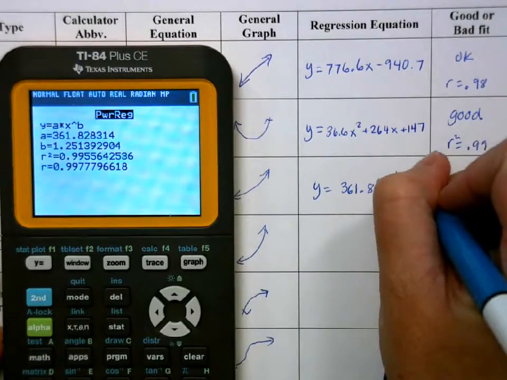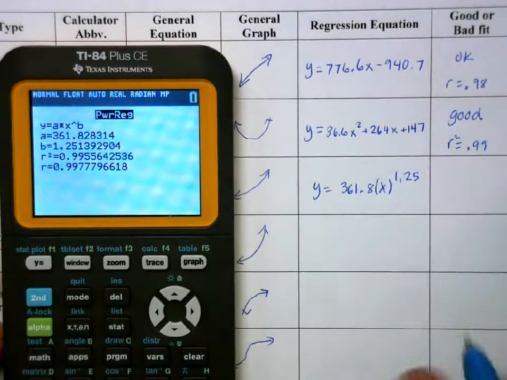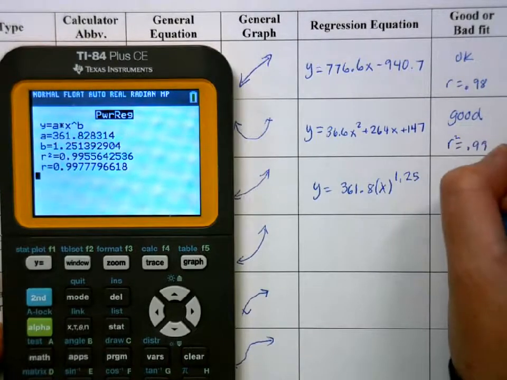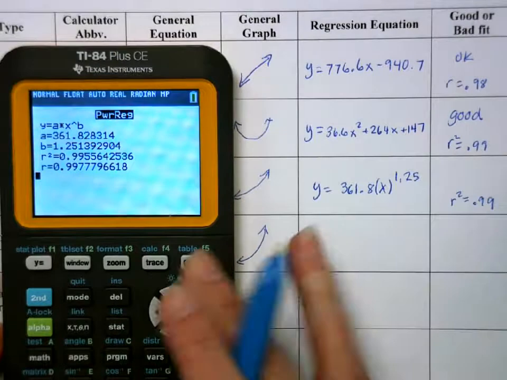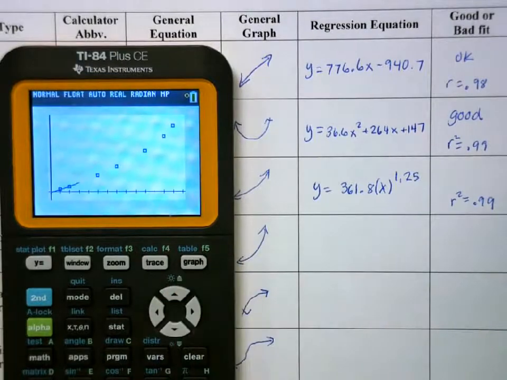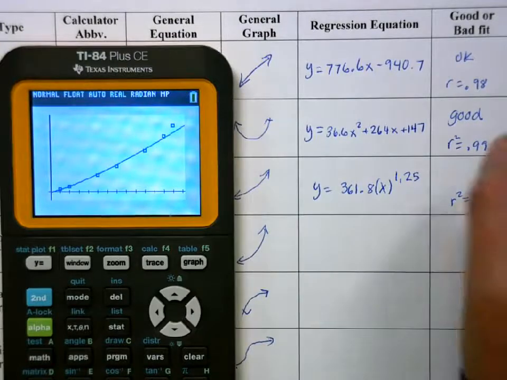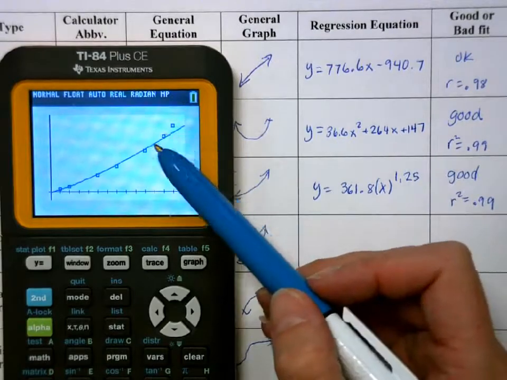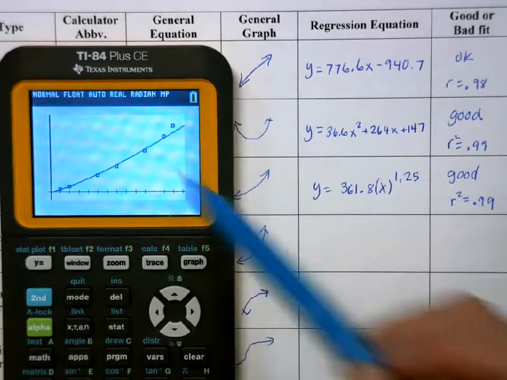So R squared is 0.99 again, so we're expecting a pretty good fit. And that seems pretty good too, but not quite as good as the last one because the last one included this point. So I'd still say that one's a little bit better.